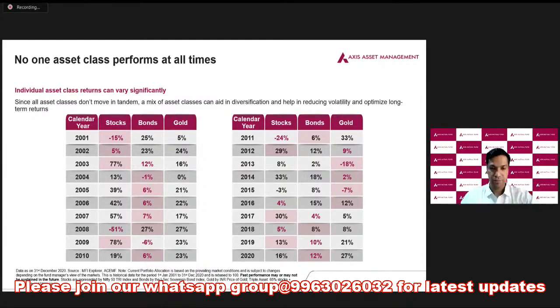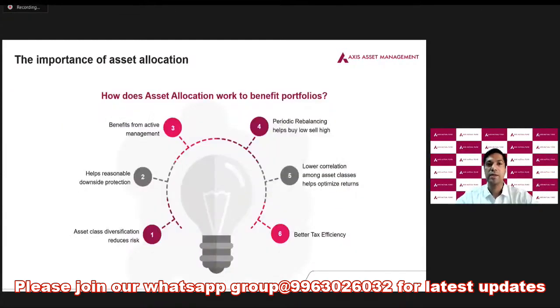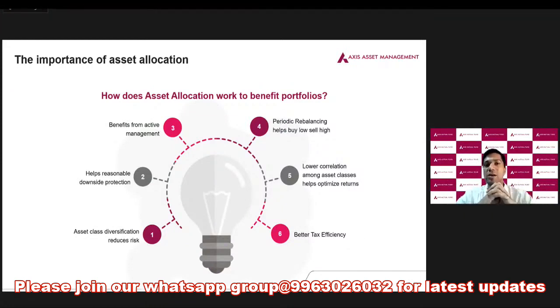Let's go further. And let's look at what is the importance of this terminology which I just used, which is called asset allocation. Now, asset allocation means allocation to different asset classes, which means that instead of putting all our money into any one performing asset class like equities or debt, if you had, let's say, 100 rupees to invest today, you could put the entire 100 rupees into equities, saying that equity markets do really well in the long run.